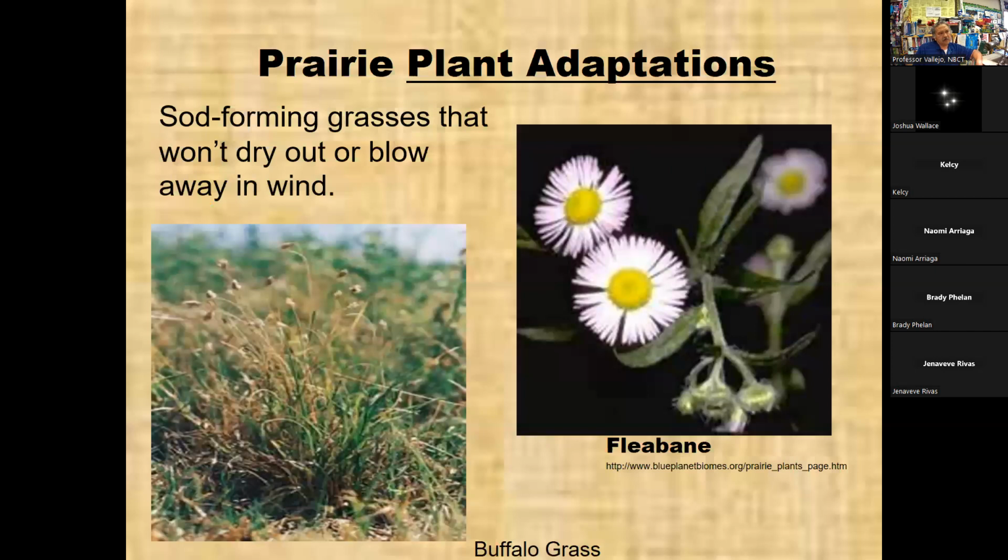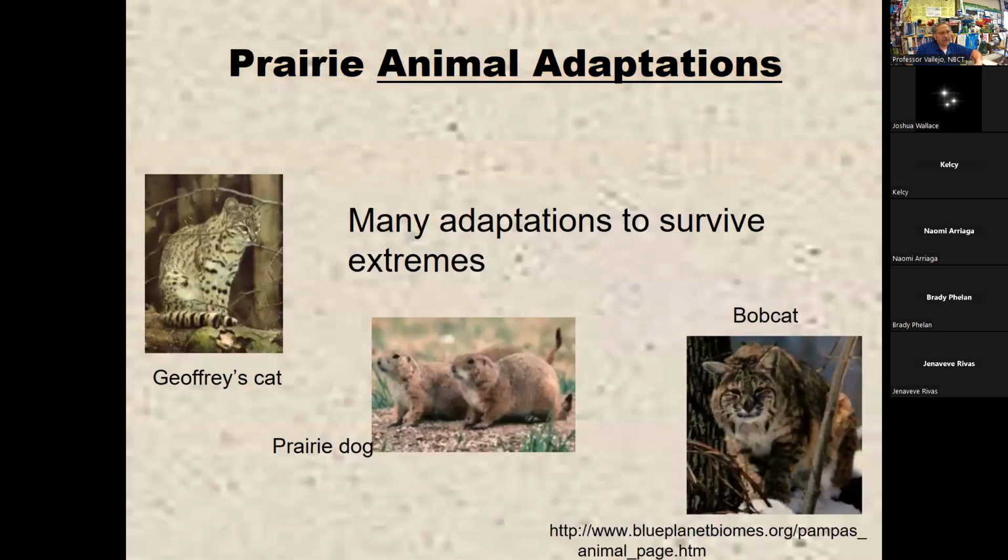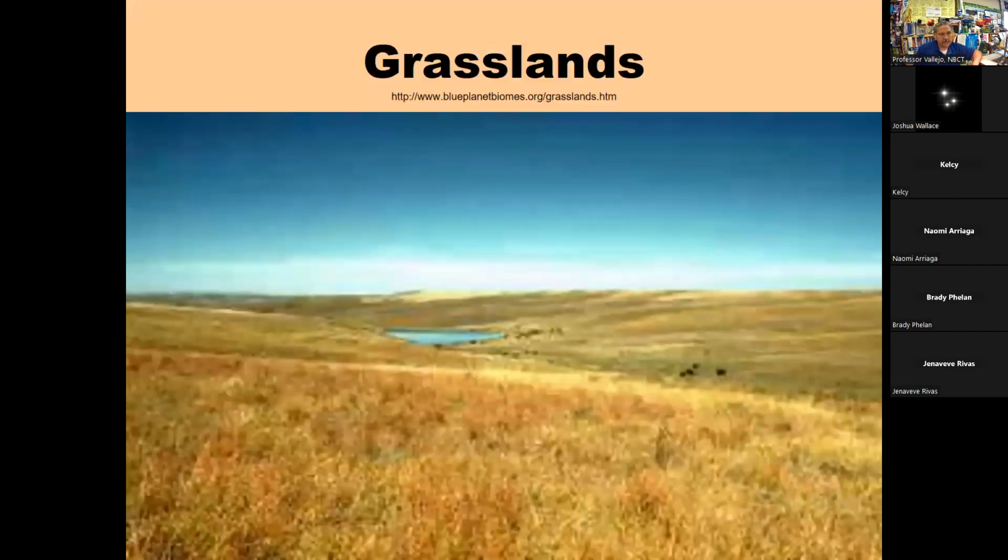Sod-forming grasses won't dry out or blow away in the wind. There are many plant and animal adaptations to survive extremes in temperature and precipitation. However, remember, the prairie is just an example of a grassland. I would encourage you to know the characteristics of a grassland in general, but understand that in the United States, the grassland is the prairie.